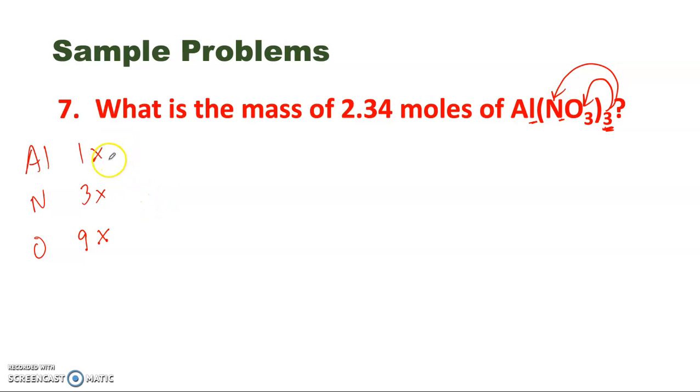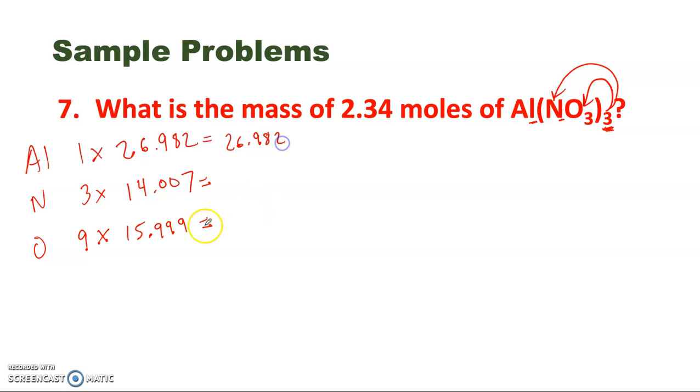Now I've got a quick look up. Let me pull out a periodic table here. Aluminum is 26.982. Nitrogen is 14.007. Oxygen is 15.999. Let's quickly do this math. 26.982. 3 times 14.007 is 42.021.